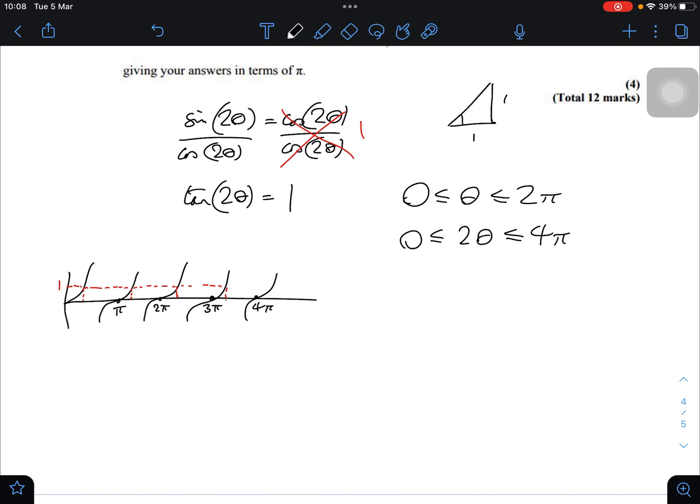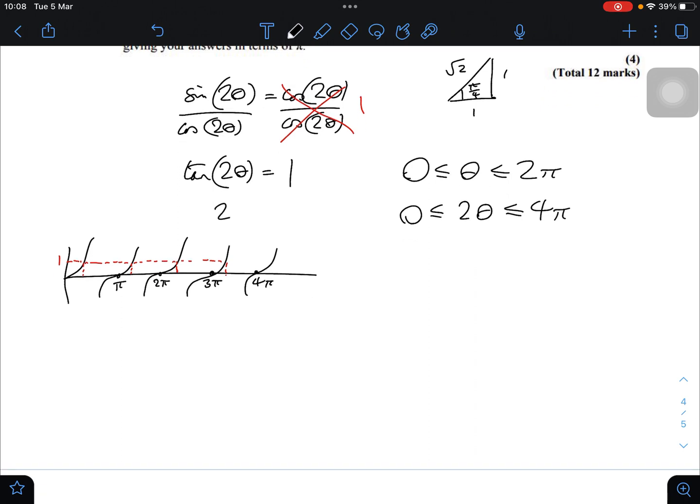And therefore, if you use that triangle, square root 2, this angle here is 45 degrees, which is pi over 4. So I know that my first solution for 2 theta is pi over 4. My next solution is pi over 4 plus pi, which is 5 pi over 4. My next solution after that would be 5 pi over 4 plus pi, which is 9 pi over 4.